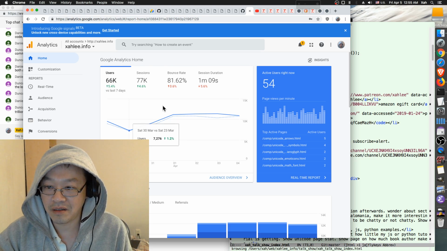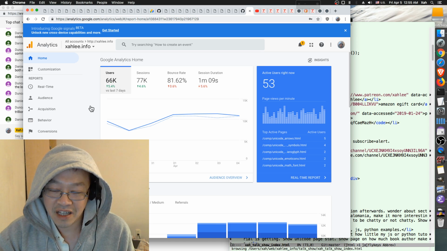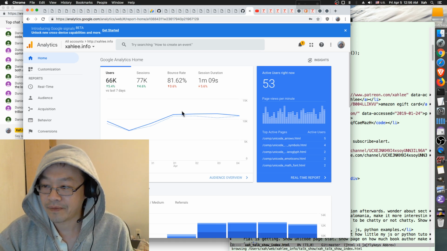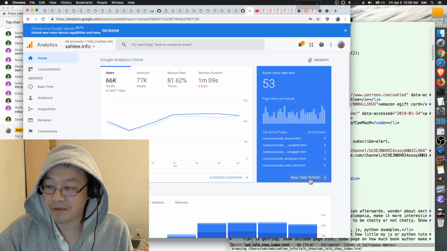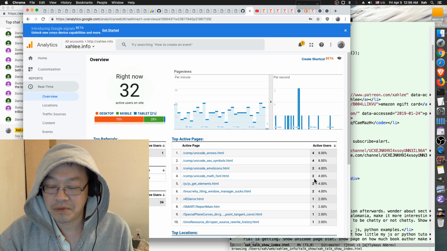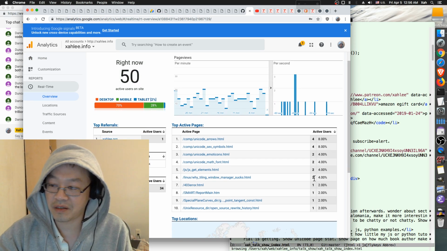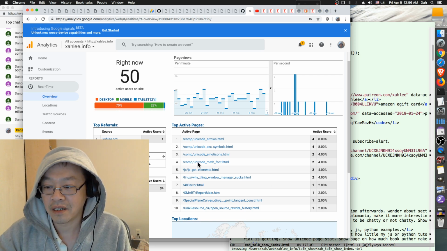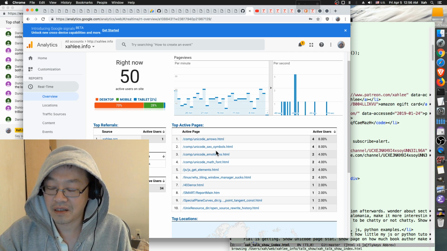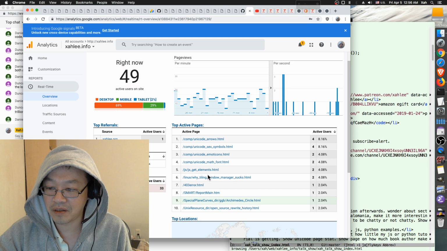Now this is weekly, you can change it. Last 7 days, so basically 10k users a day. And this is the real-time report. Typically I have from 30 to 50 to 60 users every moment. And you can see these are the web pages they are looking at. Typically it's Unicode. My Unicode pages are on top.